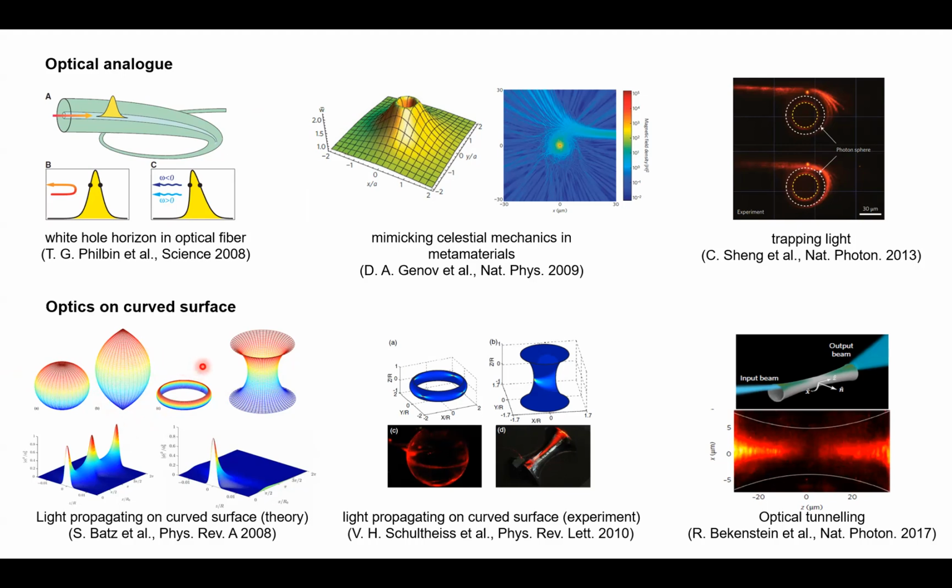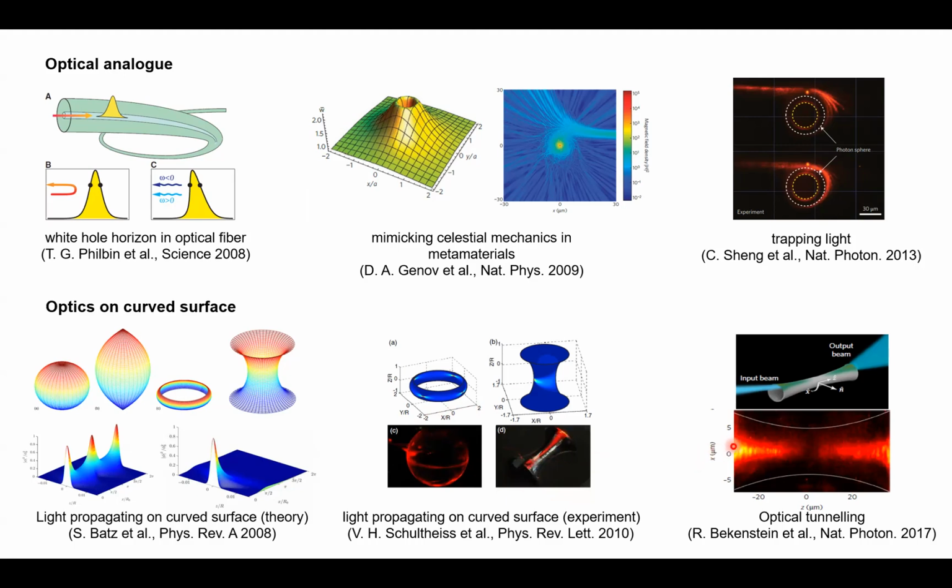This concept was first proposed by Batz in 2008. He theoretically calculated the propagation effects of light on surfaces with positive curvature and negative curvature. Two years later, these effects were experimentally realized. We can see the propagation on a sphere and on a paraboloid.